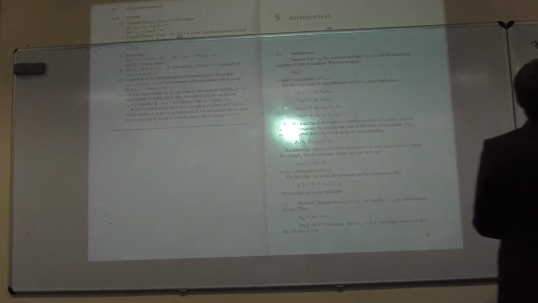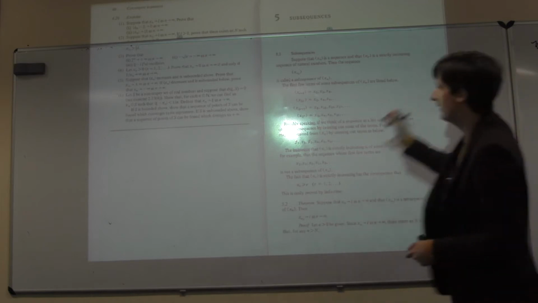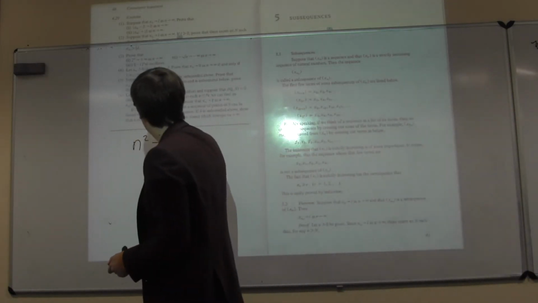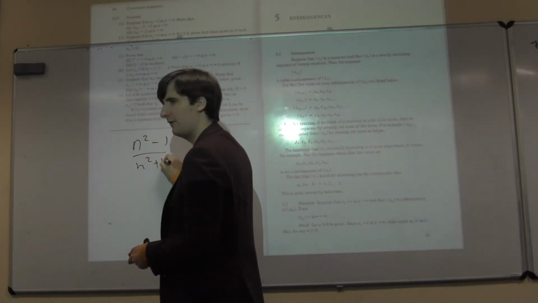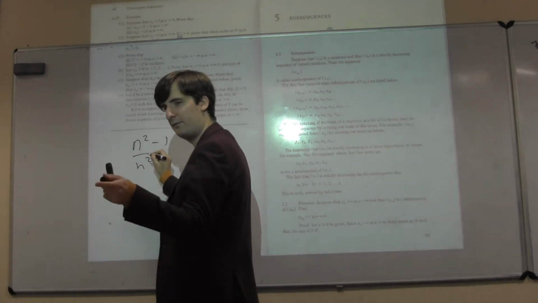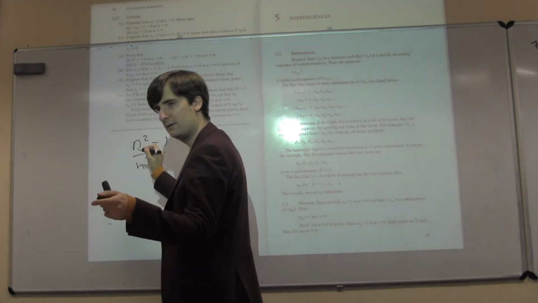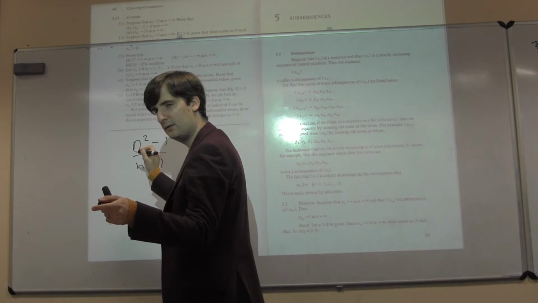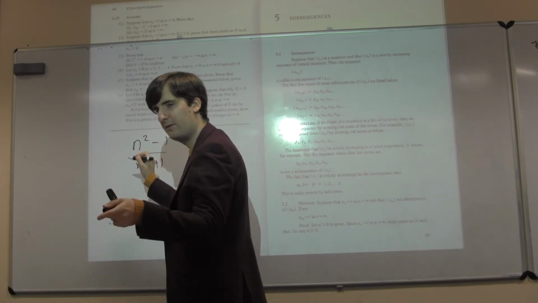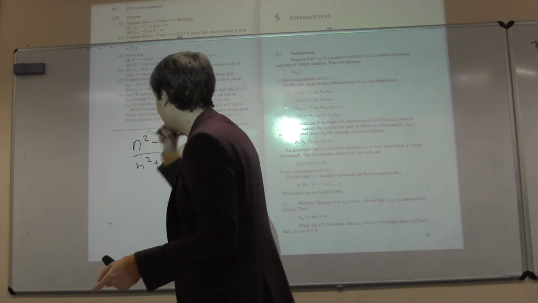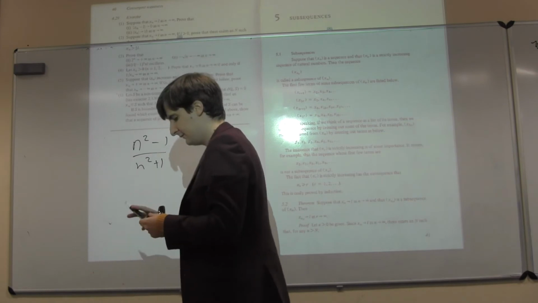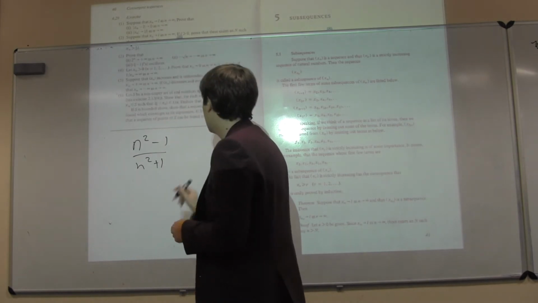So what was it? It was n squared minus 1 over n squared plus 1. Is that right? No, not this one. For the one you just showed me, the previous one. Yes. Let me have a look. Yes, this is it, so equals.